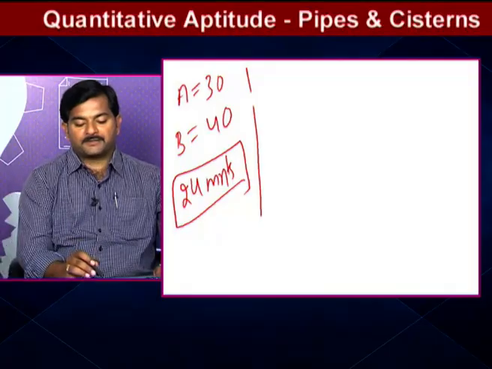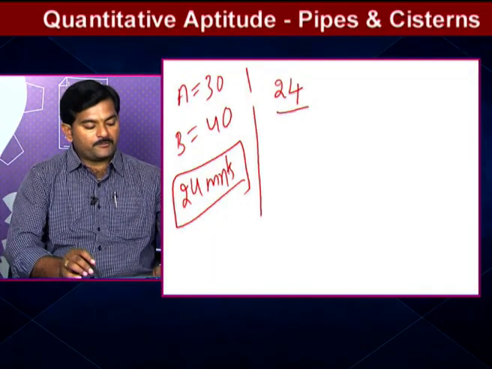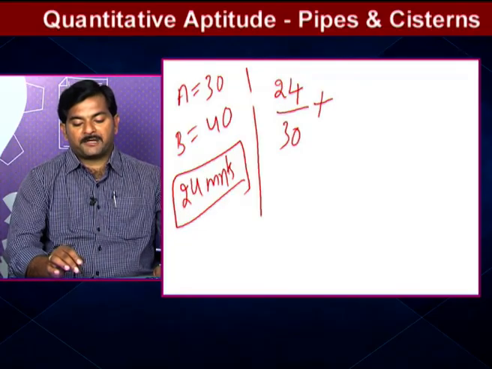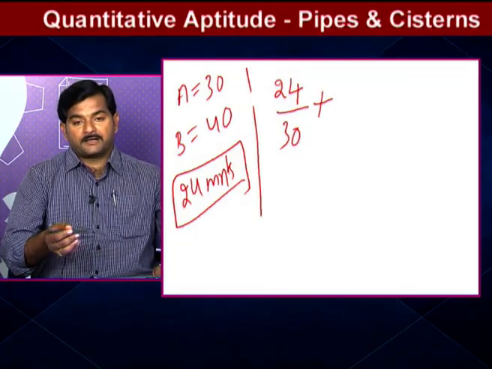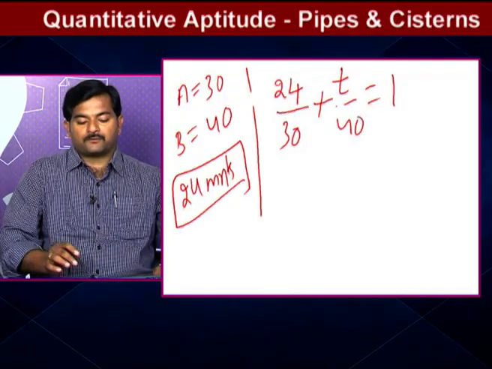Second pipe should be closed means what? The first pipe worked for 24 minutes, out of the total 30, so 24/30. And the second pipe, for time T, we can take T/40. That is equal to 1.